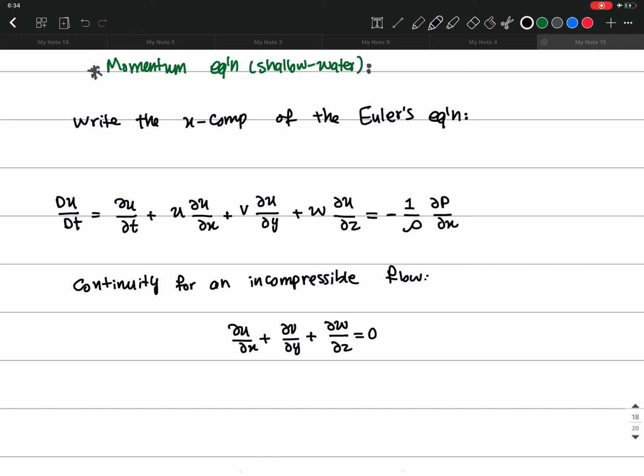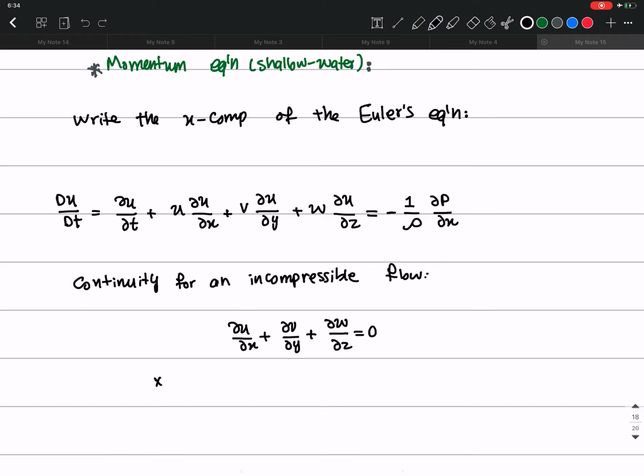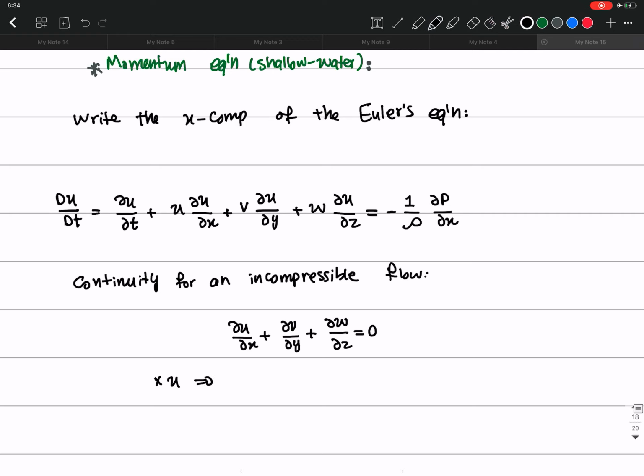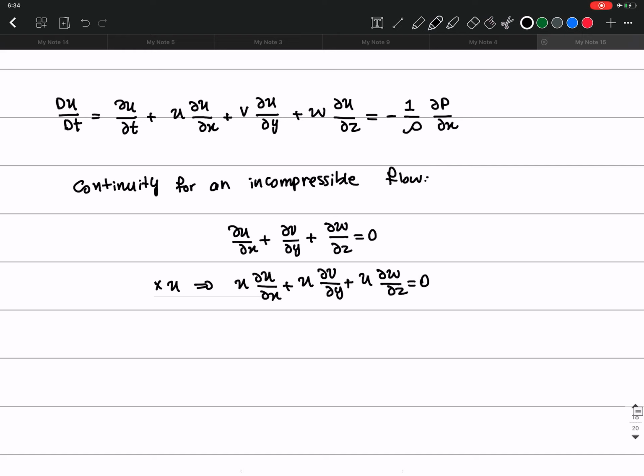So I am going to multiply everything by u. So what I'm going to get is u partial u over partial x plus u partial v over partial y plus u partial w over partial z equals to 0. So I get this from continuity.